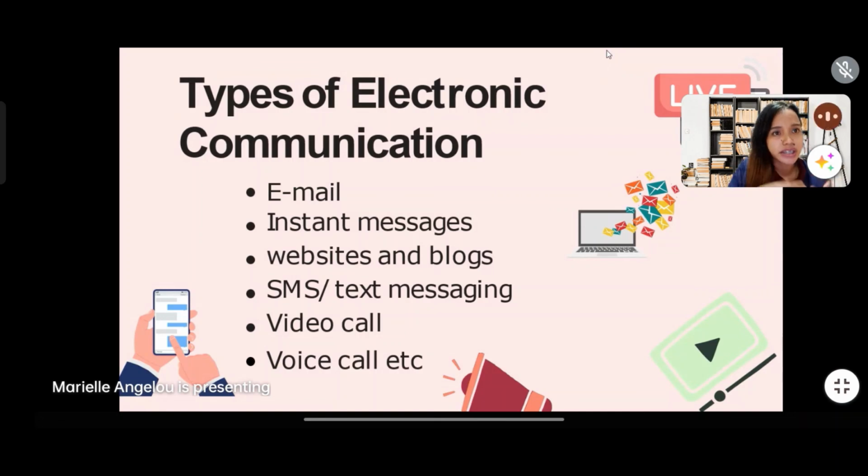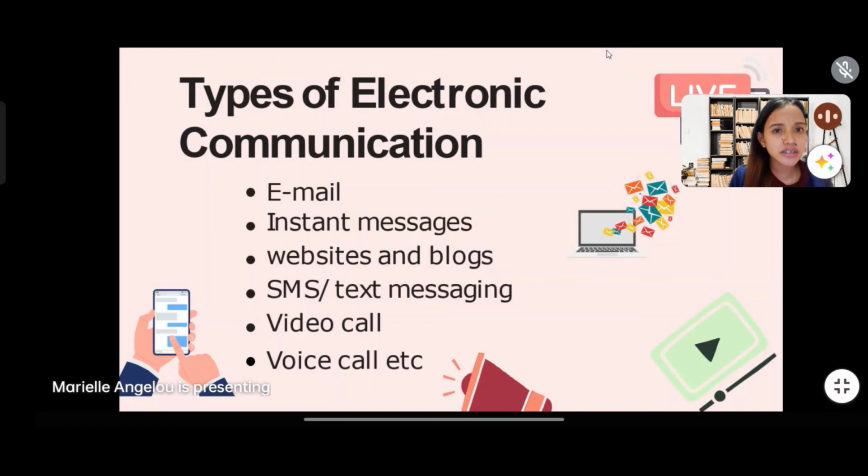Again, just a recap. We have email or electronic mail; an example is Google Mail or Gmail. Next, we have instant messages; an example is Facebook Messenger. Next, we have websites; an example is the Google website, and we also have blogs.